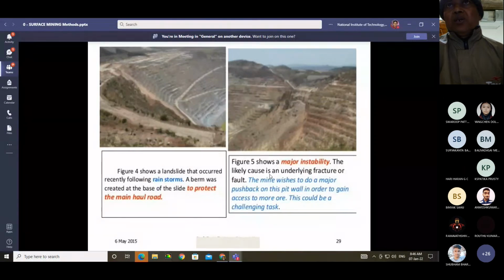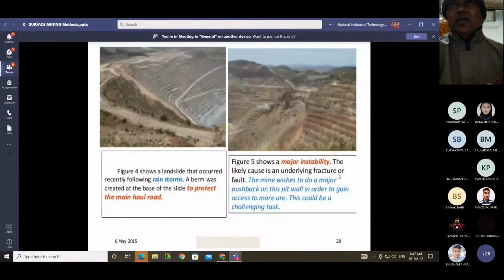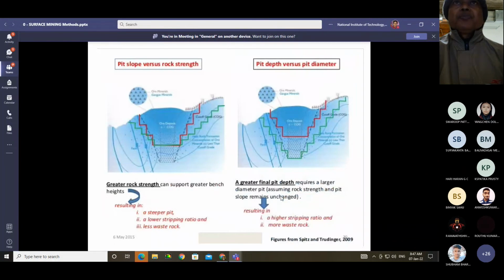The likely cause is an underlying fracture or fault. The mine wishes to do a major pushback on this pit wall in order to gain access to more ore. This could be a challenging task.